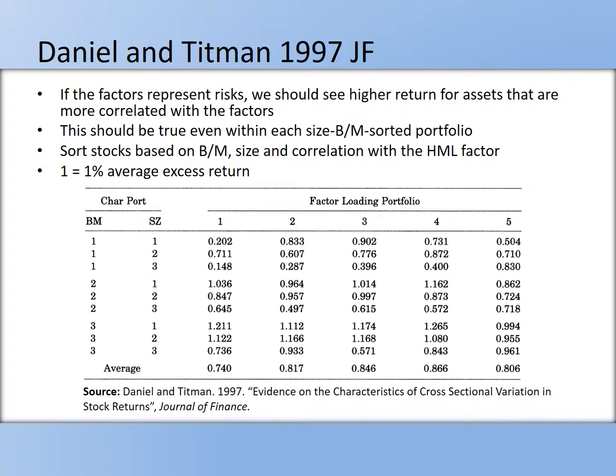You have things like 3 groups for book to market, 3 groups for size, and then you have an additional dimension of the factor loading, the correlation with factors. Right. So let's just focus on the average.